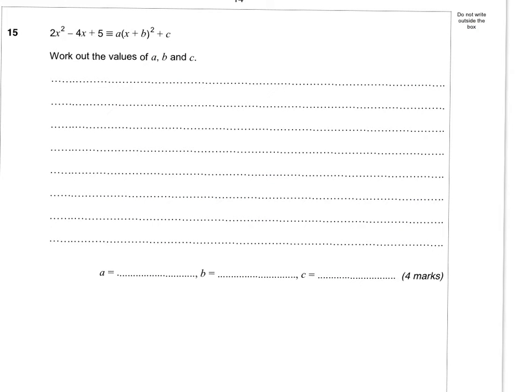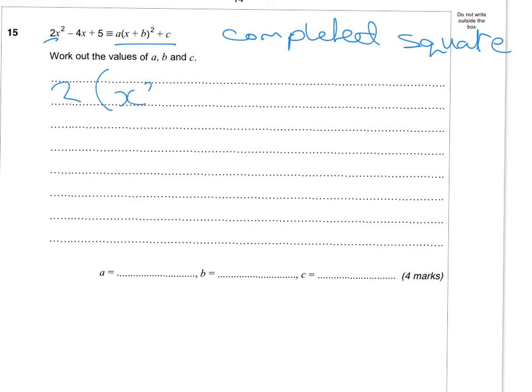Okay, 2x squared minus 4x plus 5 is by definition a(x plus b) squared plus c. This is a completed square. So I've got to complete the square to get there. The coefficient has to go first, so 2 brackets x squared minus 2x plus 5.